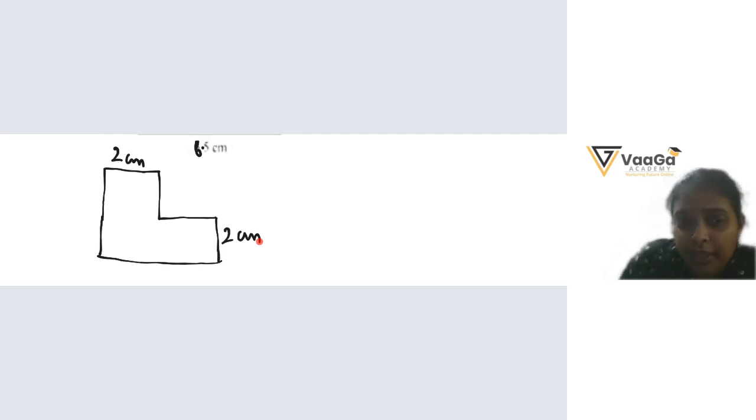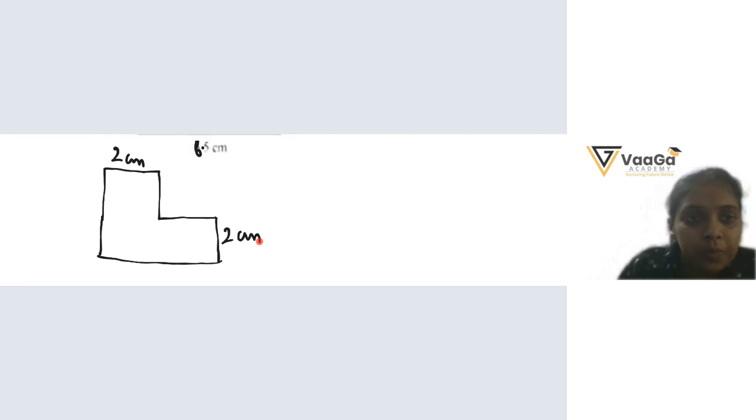I'm not getting the word you are saying. I don't know how to pronounce it. Rectilinear shapes. Rectilinear shapes. Okay. Yes, this is a rectilinear shape.